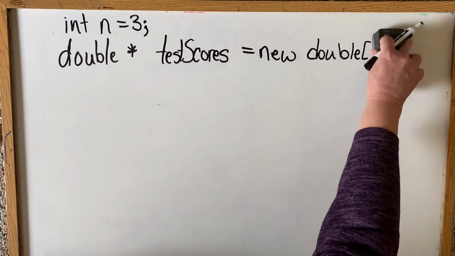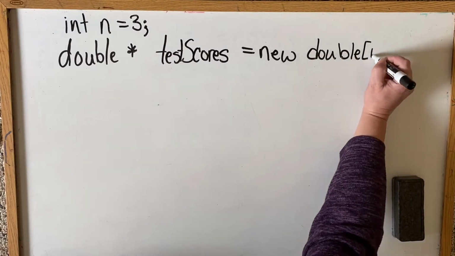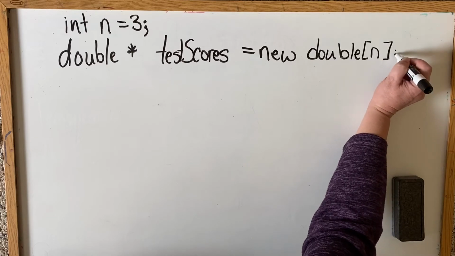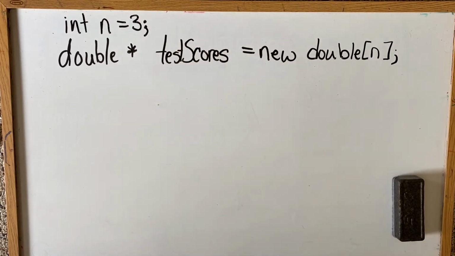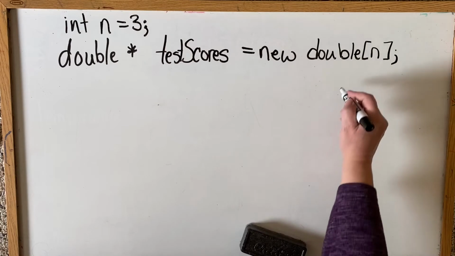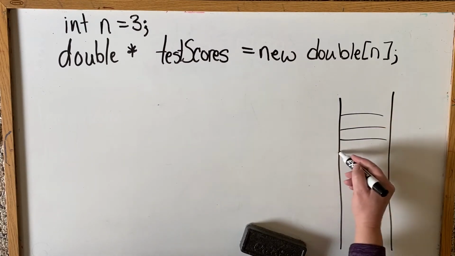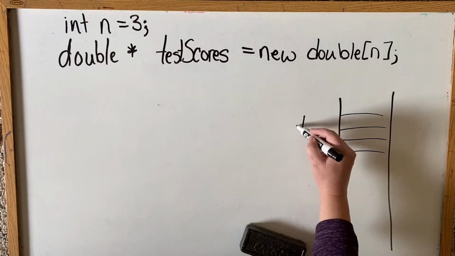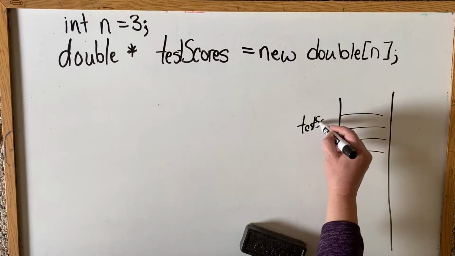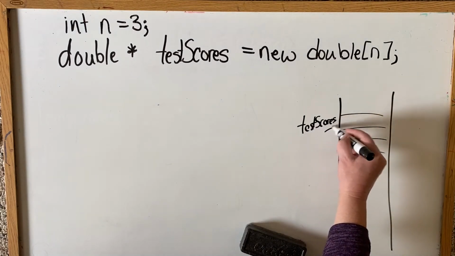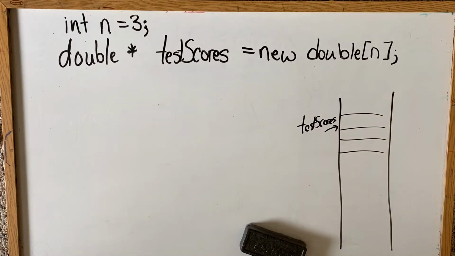So let me just fix this right here. We're allocating it the size n, and n is 3. So on our heap, we've reserved 3 spots, and we have a pointer test scores that is pointing to the first one.